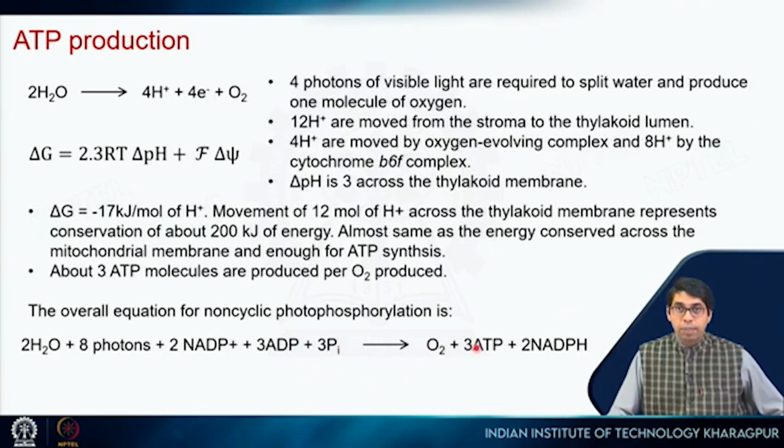ADP becomes ATP, so 3 ATP molecules, and NADP plus will become NADPH. So 2 molecules of NADPH. But remember, this is from non-cyclic photophosphorylation. From cyclic photophosphorylation, we are not going to get any NADPH molecules. So we will only get ATP molecules.